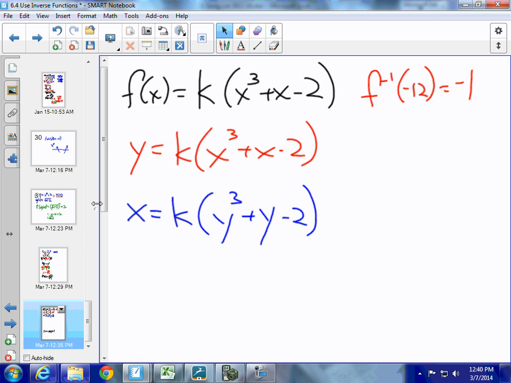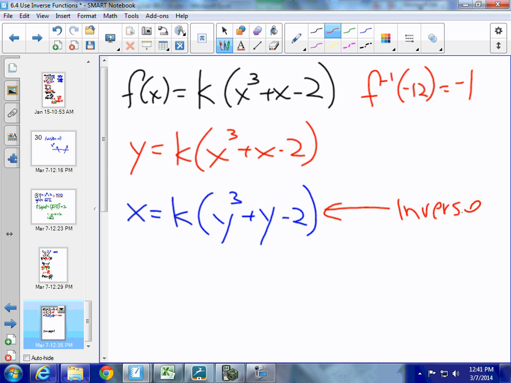Let's try it. This is my inverse right here. It's implicit, but it's still an inverse. So it says, evaluate it for negative 12 for x, and your y should be negative 1. Negative 12 equals k times negative 1 cubed plus negative 1 minus 2.